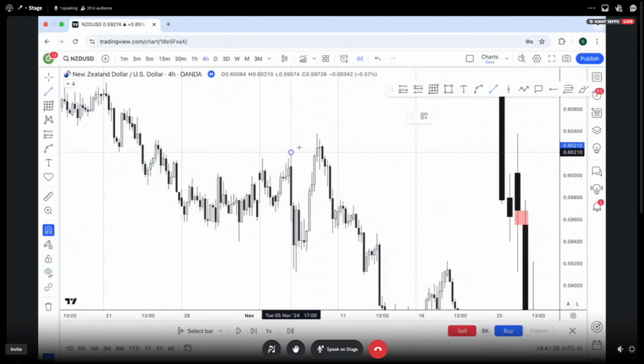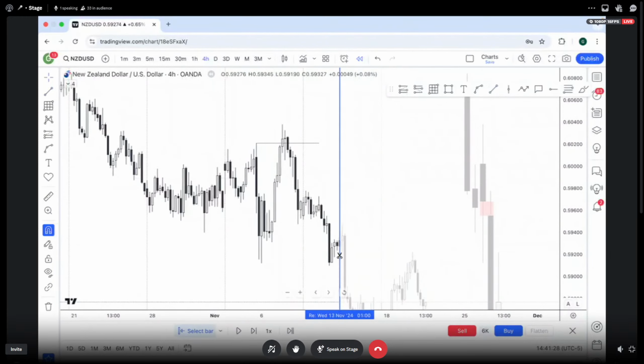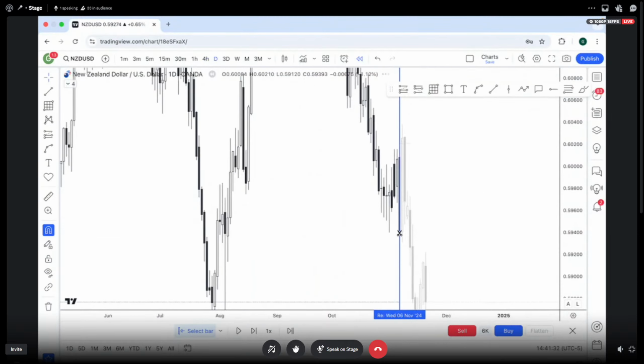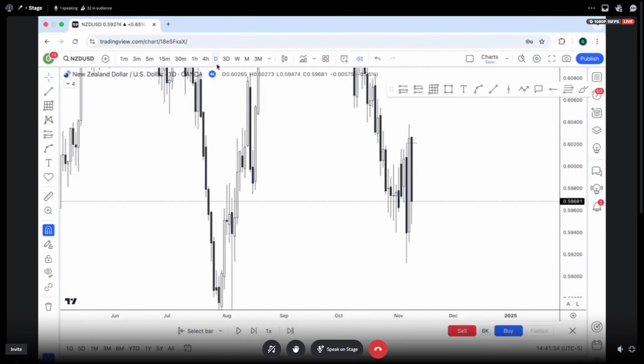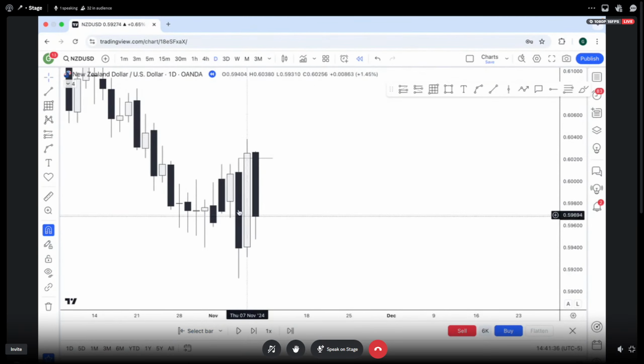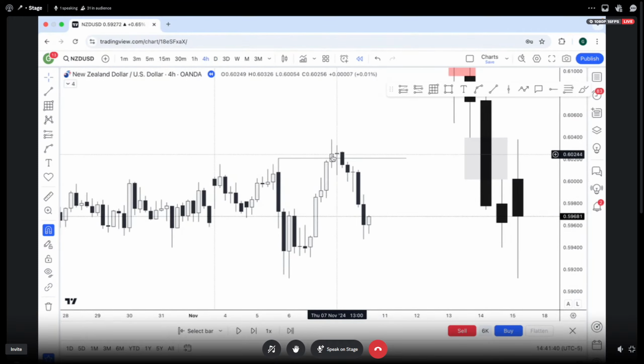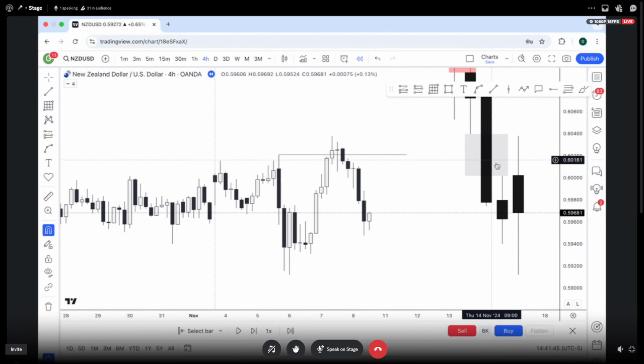Even look like this. So you see this manipulation here? Trying to hold on. See how there's nothing on the daily that we hit. There's no key level on the daily. On the 4 hour, there's a clear engagement with this high. And I guess there actually is a weekly fair value gap and stuff.